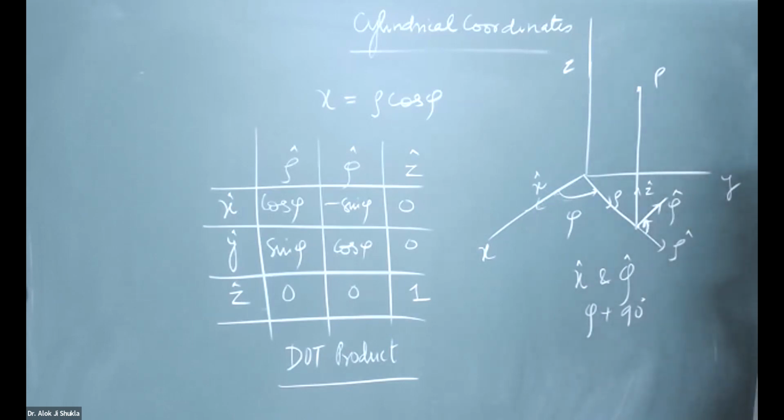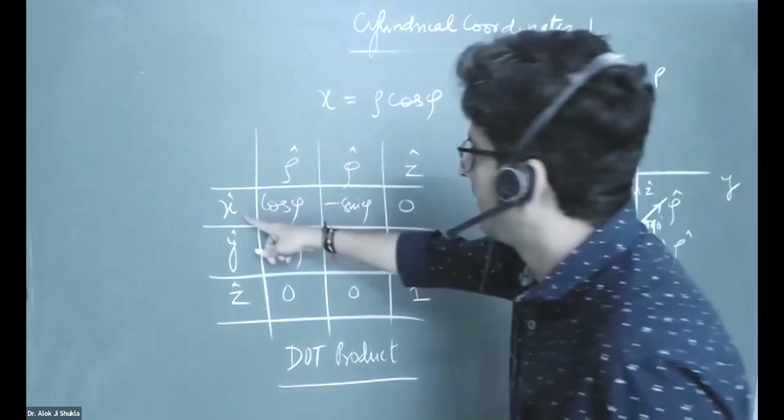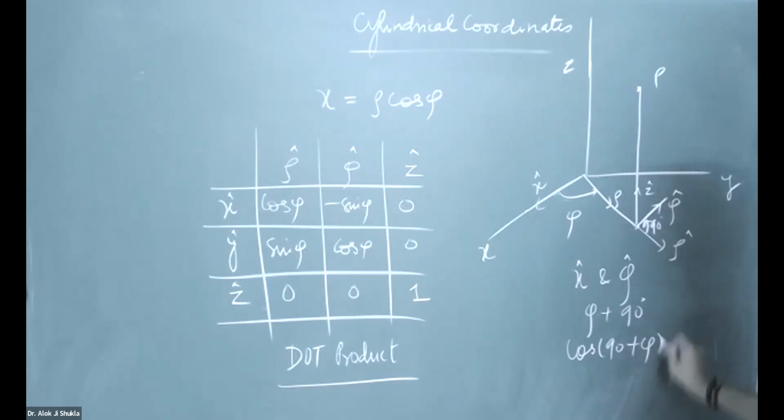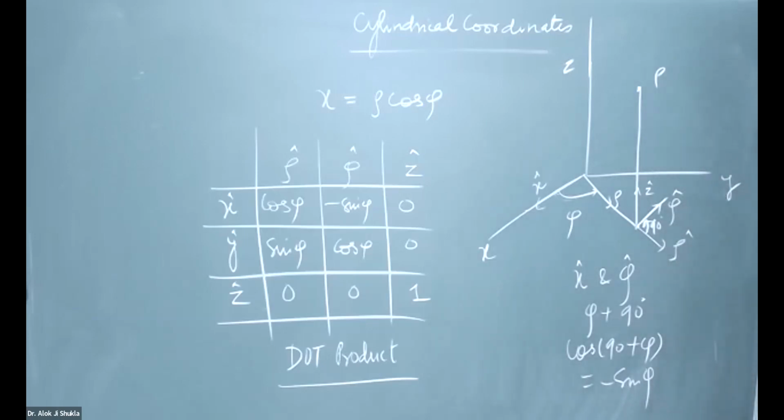Yes or no? Yes, sir, this angle is 90. So it is phi plus 90. If I want to write the dot product between x cap and phi cap, it will be cos of 90 plus phi, which is minus sine of phi. Got it?